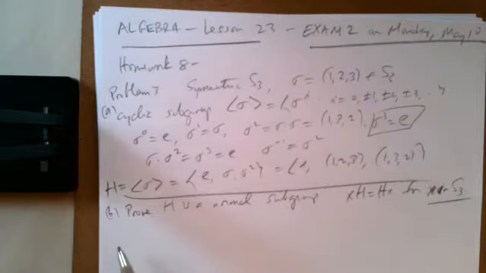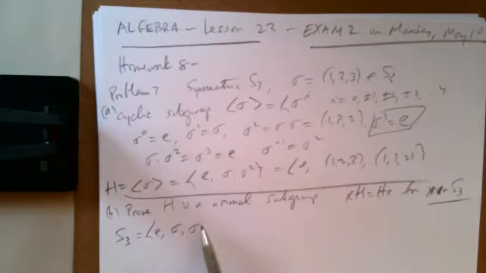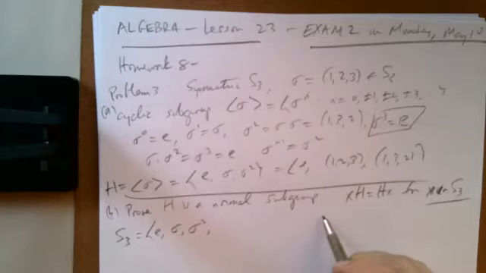Of course, we need some notation for S3. S3 is a group with 6 elements. And what are they? There's the identity, there's a 3-cycle sigma, and there's a 3-cycle sigma squared. And then we also have 3 transpositions.